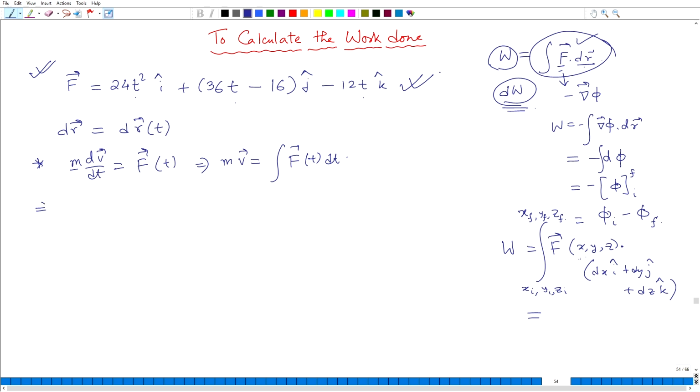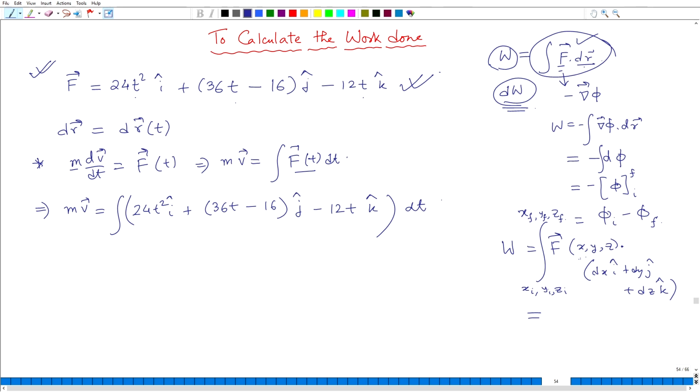So, if we have F, then our mv will be equal to this integration of (24 t squared i cap plus (36 t minus 16) j cap minus 12 t k cap) dt.